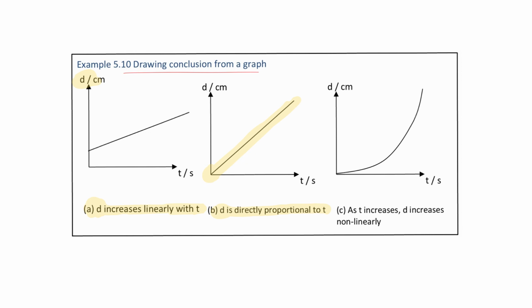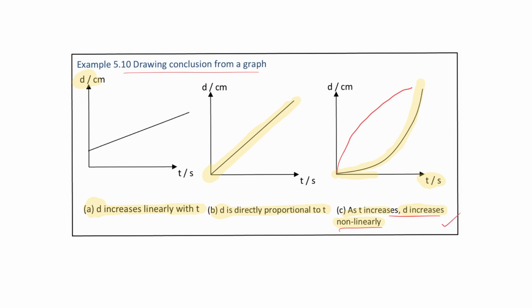And lastly, for this case, which is non-uniform, what you can say is as T increases, D increases non-linearly. That means it's a curve. So if the graph is this way, this is also true, and in general, describing it this way is sufficient.